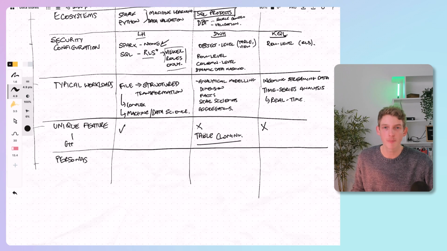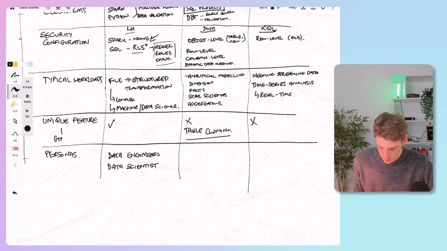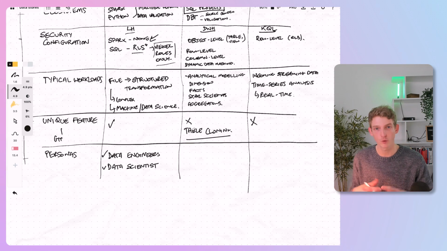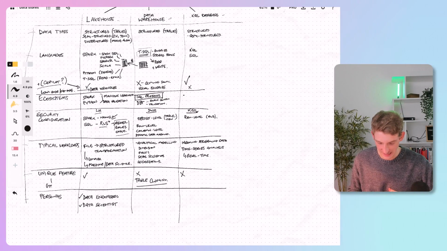Okay, so finally, personas, right? So hopefully it's fairly clear who's going to be using which of these. In the Lakehouse, typically we're going to be having our data engineers and our data scientists, because they're going to be the ones that are comfortable writing Spark code or Python code. They're going to be wanting to use machine learning. They're going to want to be doing data validation, all that kind of stuff that is easiest in the Lakehouse.